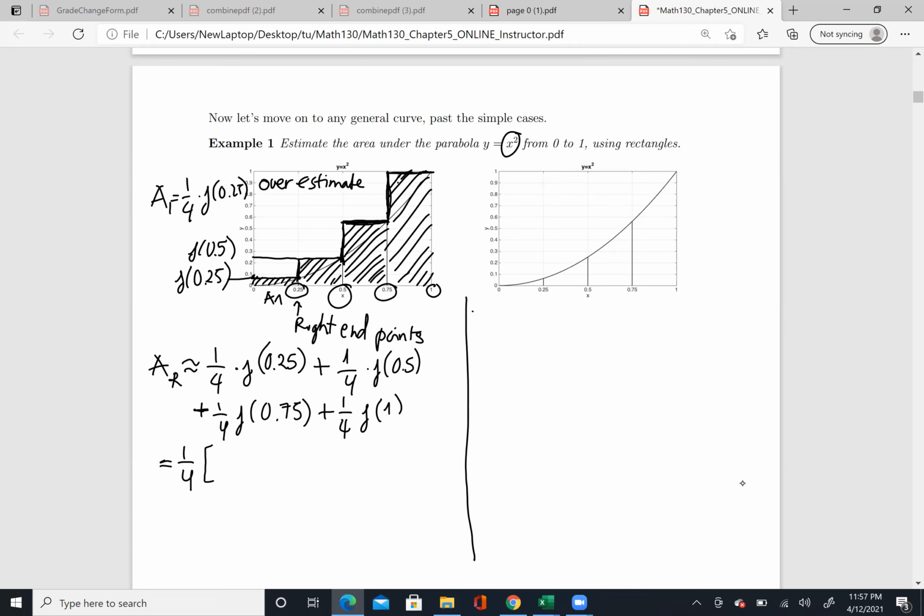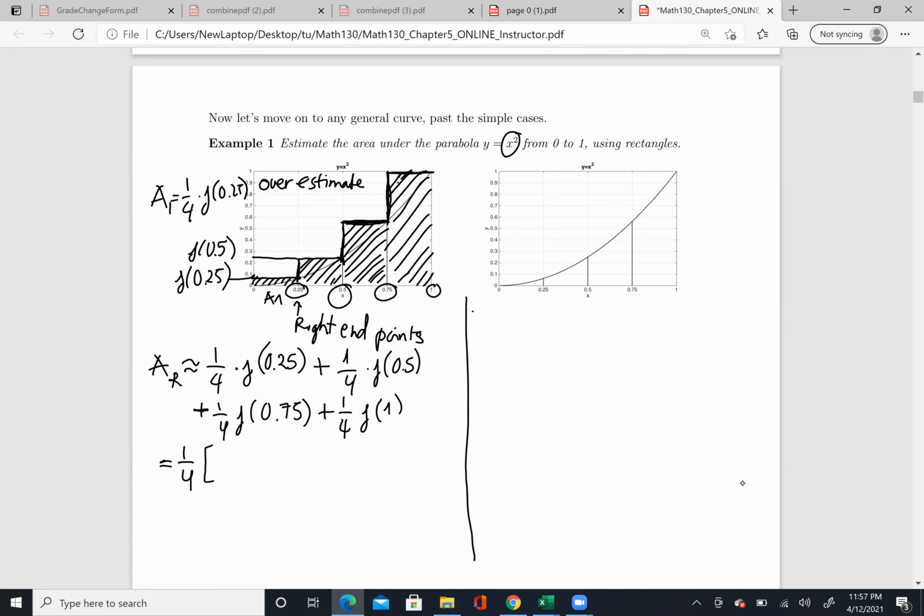But anyway, moving to the next interval from 0.25, I'm going to use this as the left endpoint. From 0.25 with the y value here, I have a horizontal line to 0.5, and I get a rectangle under the curve, under the parabola, right?